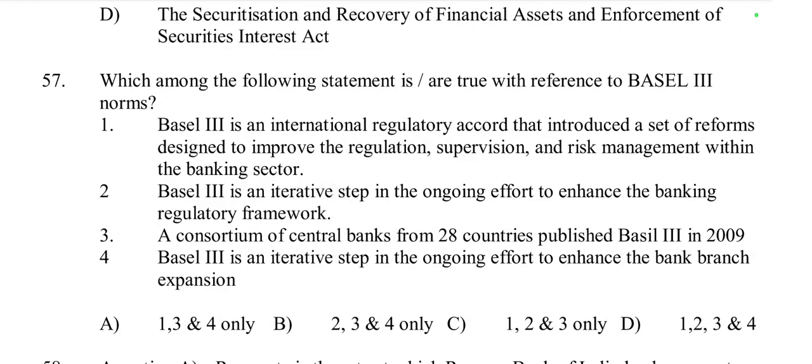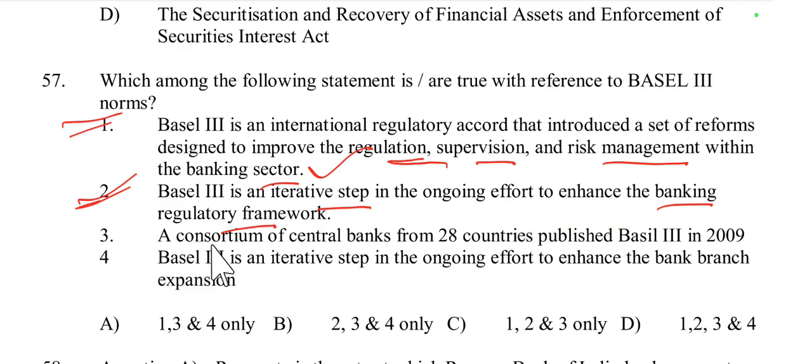Yes, it is related with that. Then Basel III is an iterative step in the ongoing effort to enhance the banking regulatory framework. It is also right. Options 1 and 2 are correct.